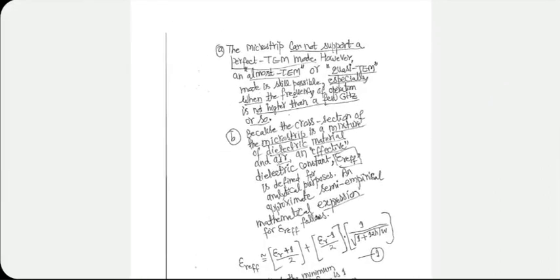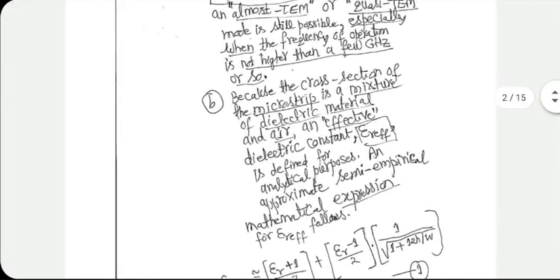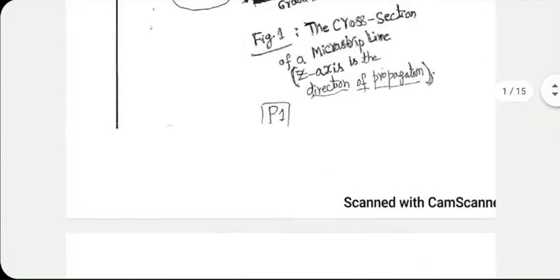This is the approximate formula: epsilon r plus 1, divided by 2, plus epsilon r minus 1 divided by 2, and then there is a factor which depends on the aspect ratio W divided by H. W is the strip width, H is the thickness of the substrate.